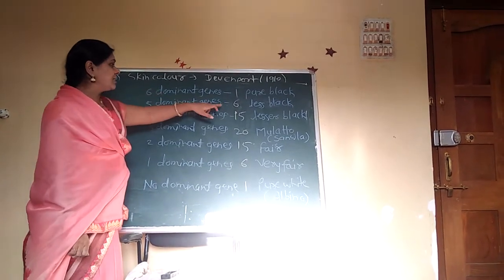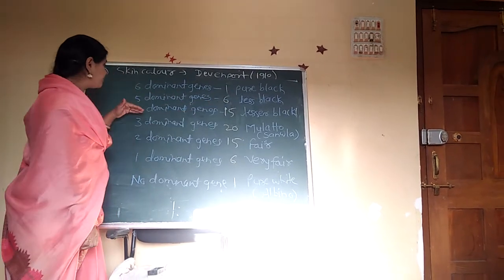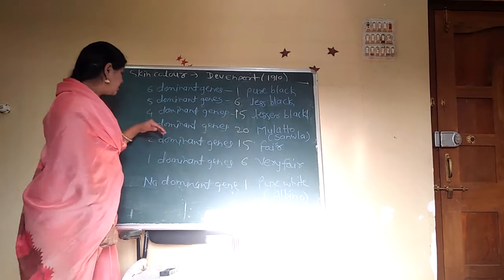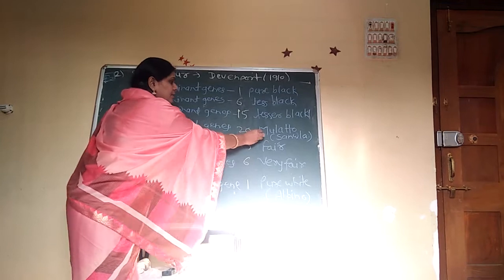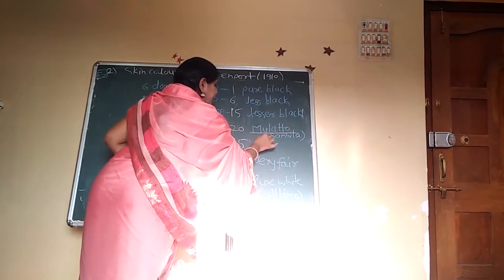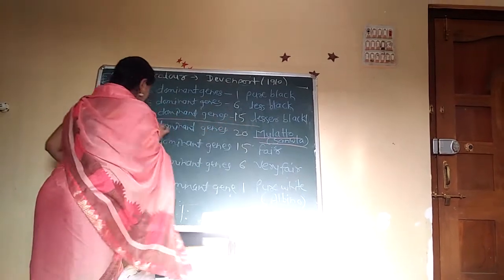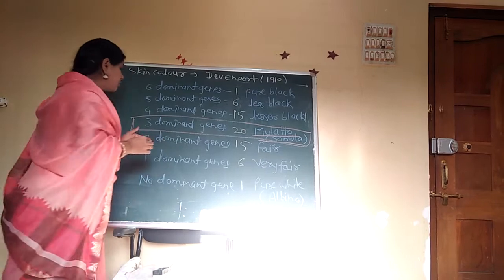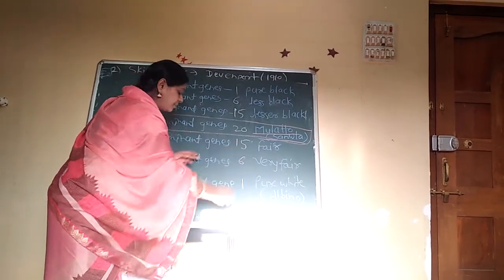Five dominant genes, six genotypes, is less black. Four dominant genes, 15, is a lesser black person. Three dominant genes, 20, is the mulatto, also called intermediate color or Savla color. Two dominant genes, 15, is a fair person.